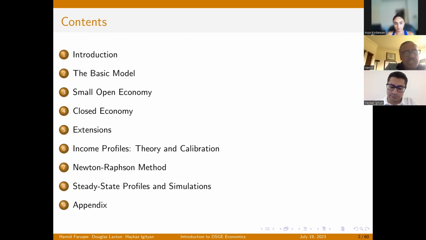We'll talk about some technical issues, income profiles and how we calibrate them. Income profiles, as you'll see, are one of the key ways in which we introduce life cycle features into the OLG framework versus a more dynastic version. I'll talk more about that. Then we'll talk about some technical issues around Newton-Raphson methods for solutions, and then I'll talk about some of the model results and model intuition from this framework. So that gives you a rough overview of what we'll talk about today. If we can go to the next slide, please.